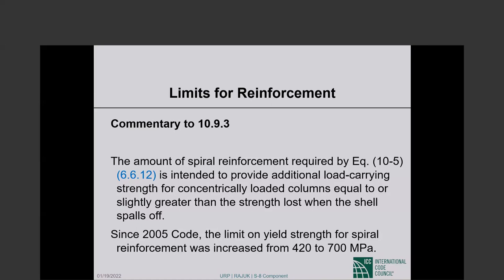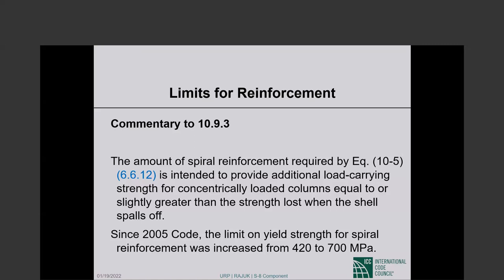Anyway, from the very beginning, the thinking was as is said in this commentary: the amount of spiral reinforcement required by the equation is intended to provide additional load carrying strength for concentrically loaded columns equal to or slightly greater than the strength lost when the shell falls off.